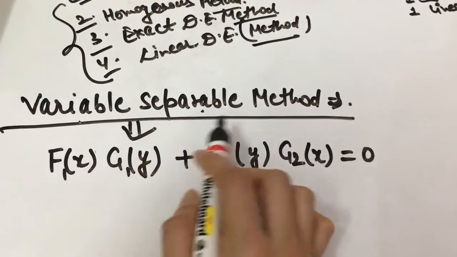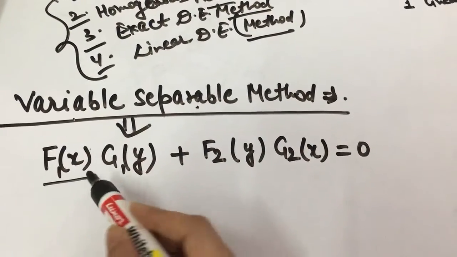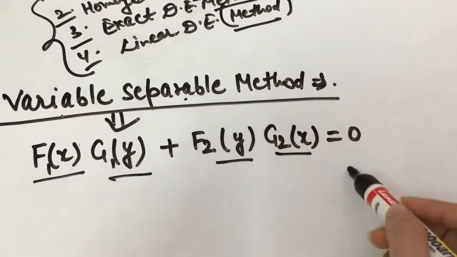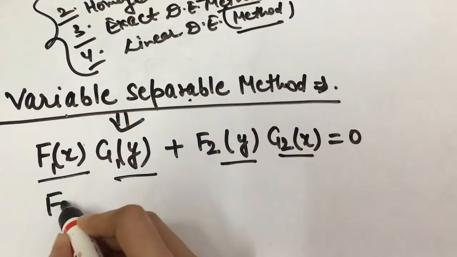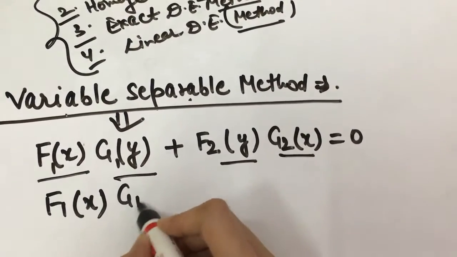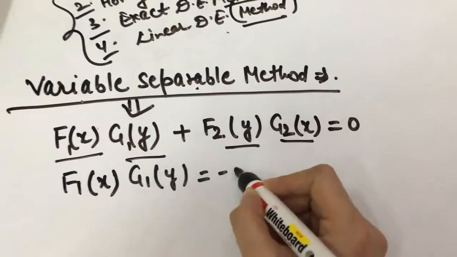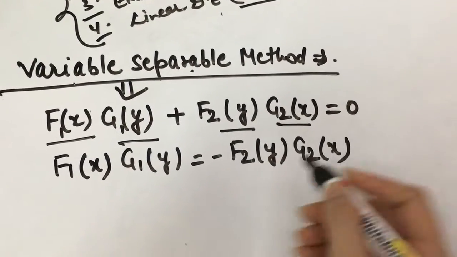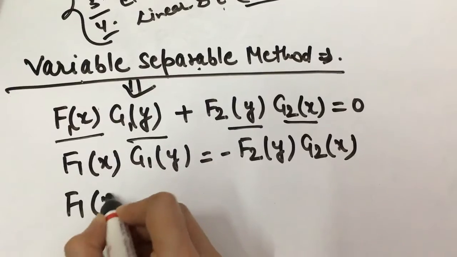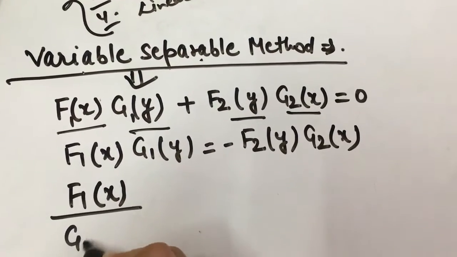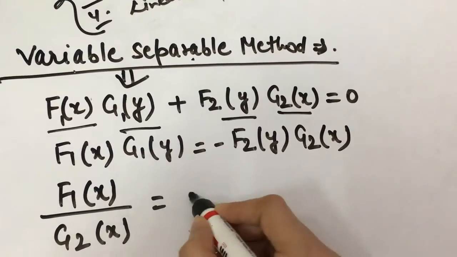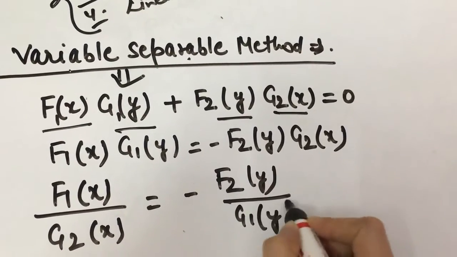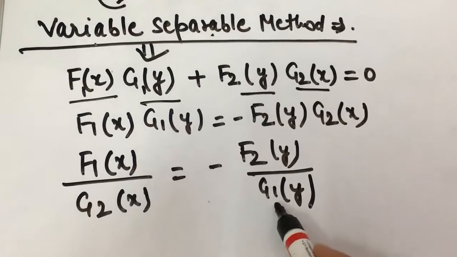By the variable separable method I need to separate functions of x on one side and functions of y on the other side. If I collect functions of x on one side and functions of y on the other side, it will be like this.